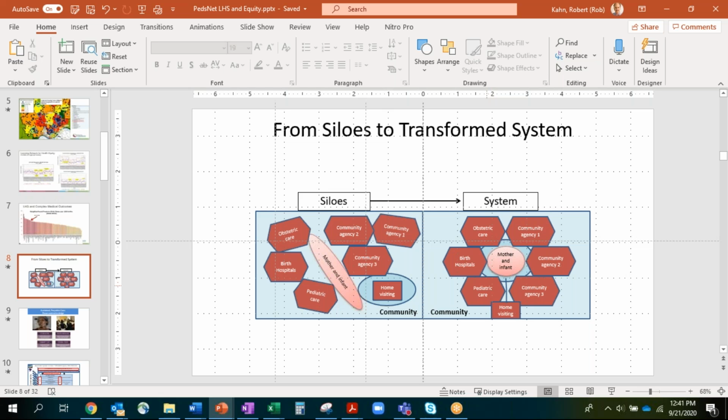The way this is drawn is with the mother and infant at the center, home visiting wrapped around them, since the vast majority of the time the parents are not in obstetric care inside an exam room, but rather home visiting in its best way is developing trust and navigational capabilities and solving problems in real time for a parent.